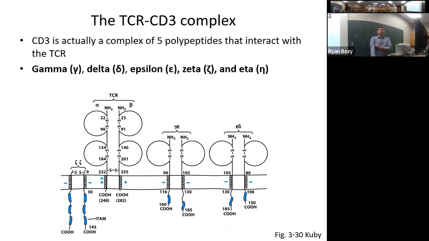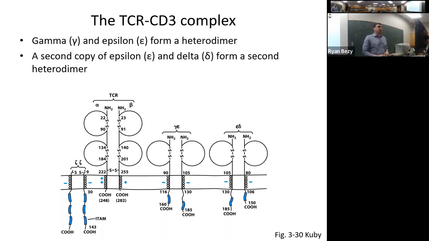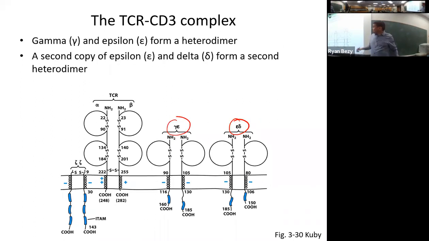Okay. Typically, the CD3 complex is a copy of gamma and epsilon that form a heterodimer. Then a second copy of epsilon and delta form a second heterodimer. And so that's these guys. So here's my alpha beta T cell receptor.